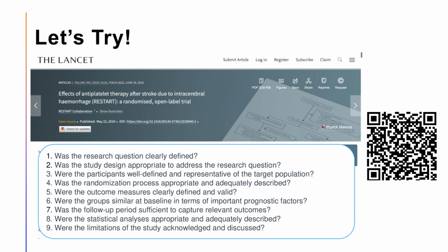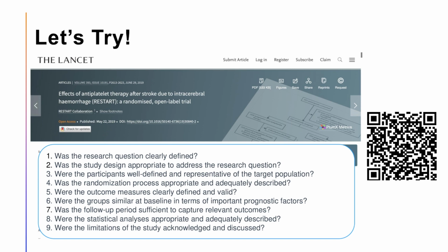And moving on, were the groups similar at baseline in terms of important prognostic factors? The RESTART trial reported baseline characteristics of the intervention and control groups. That indicates comparability in terms of key factors such as age, sex, pre-stroke modified Rankin scale score, and previous antiplatelet use. This has contributed to enhanced reliability of the study result.